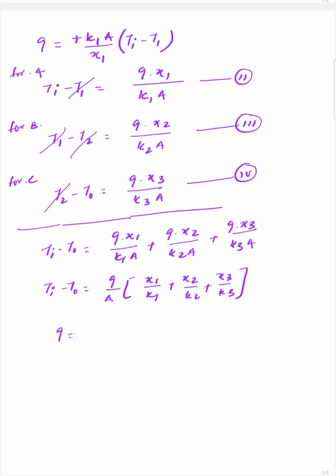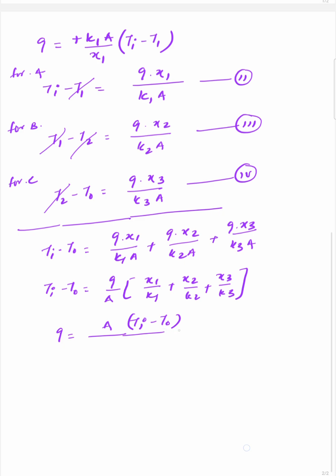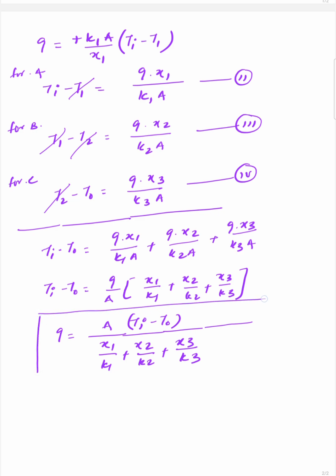So the final equation is Q is equal to A (Ti minus To) divided by (x1 by k1 plus x2 by k2 plus x3 by k3), and this is the final equation for a composite wall made of three different materials.